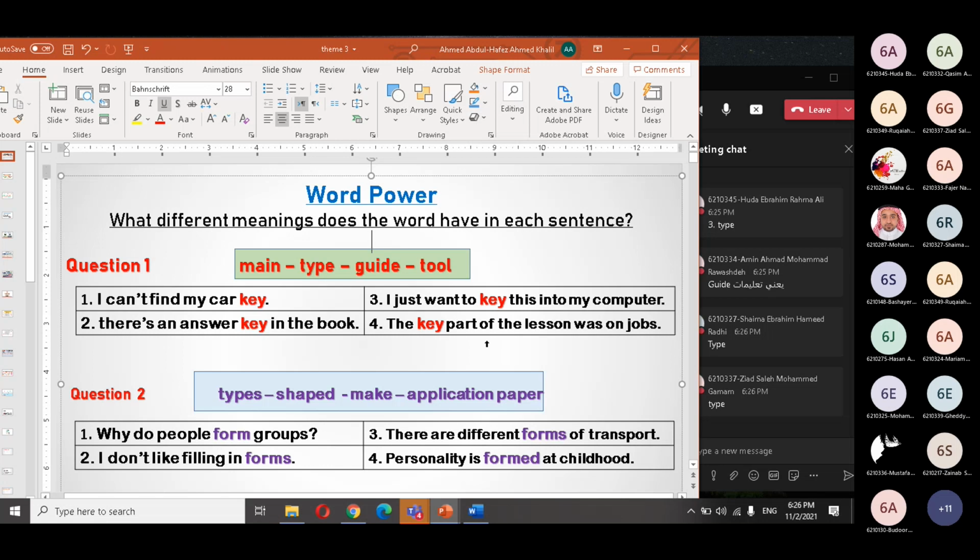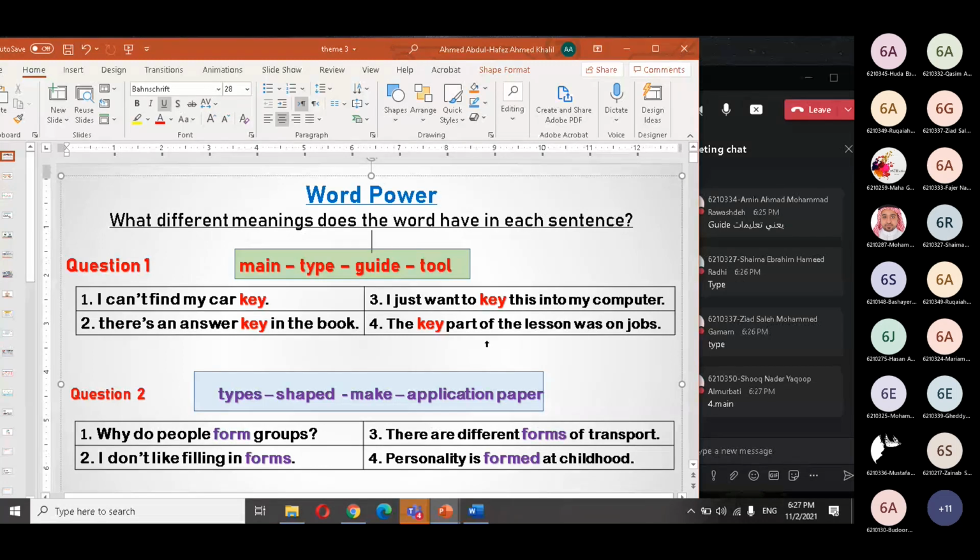In number 1, I can't find my car key. Key here is a tool you use to switch on your car. In number 2, there is an answer key in the book. Answer key here means a guide for the answers. In number 3, I just want to key this into my computer.